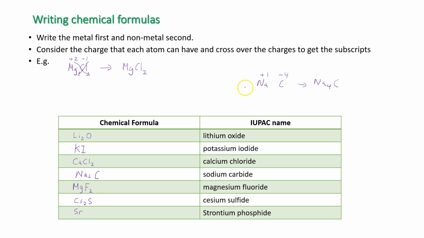So let's write that out here. Strontium has a charge of +2, and phosphorus, P, has a charge of -3. If we cross over the charges to get the subscripts, the 3 would go here, and the 2 would go there.